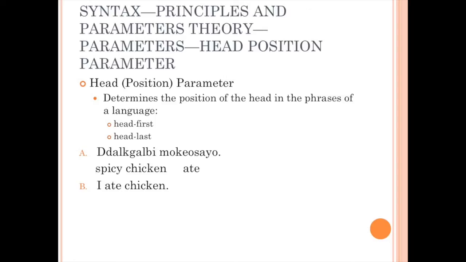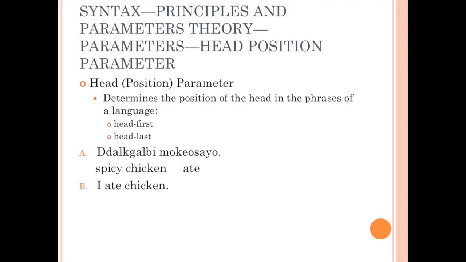The head position parameter is another interesting one. Every phrase in any language has a head word, which determines what kind of phrase it is. So the head word of a noun phrase, for example, is a noun or a pronoun. The head word in a prepositional phrase is a preposition, etc. For example, Korean is head last. So the verb in the verb phrase comes last in the phrase.